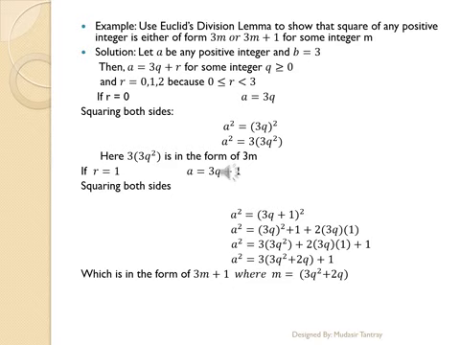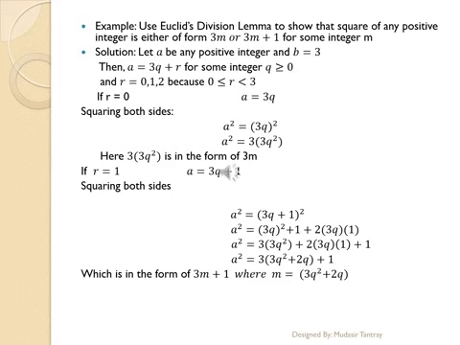Here we use the identity (a plus b) whole square is equal to a square plus b square plus 2ab. Instead of a, here it is 3q, and instead of b, here it is 1. Then it becomes (3q) whole square plus 1 square plus 2ab, that is 2 into 3q into 1.